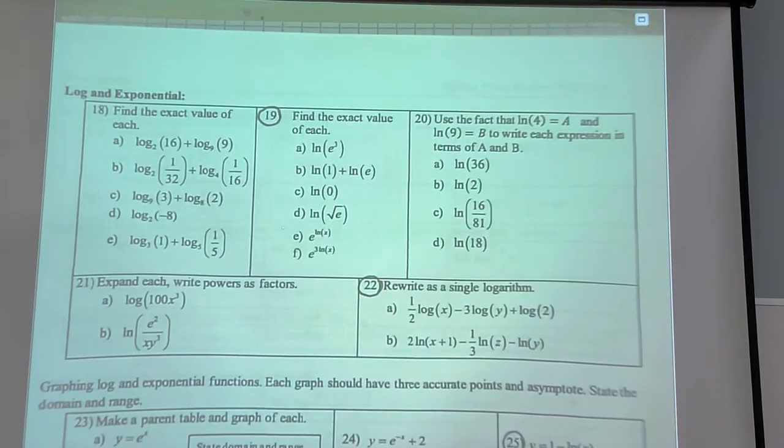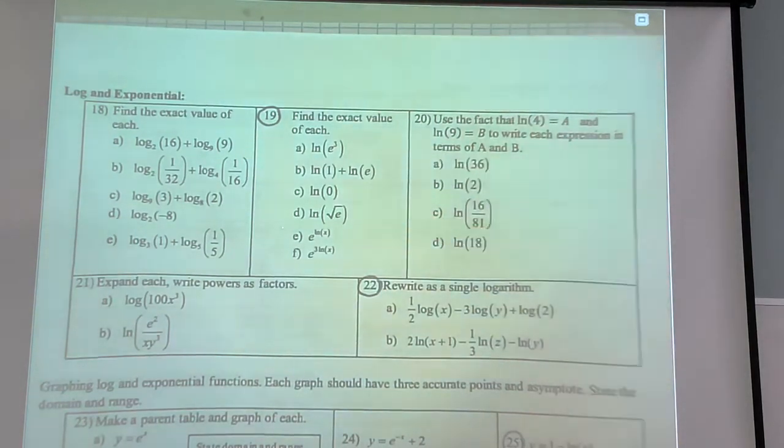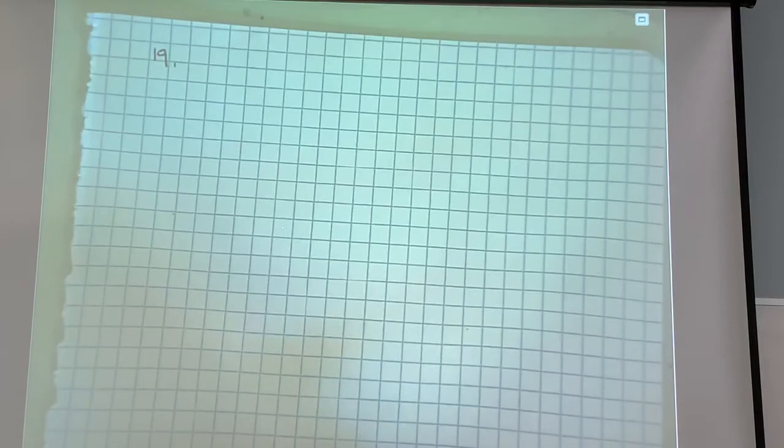Number 19, I'm going to do these problems as a little refresher, finding the exact value of each of these. So if we look at the first one, we're going to find the exact value of each.